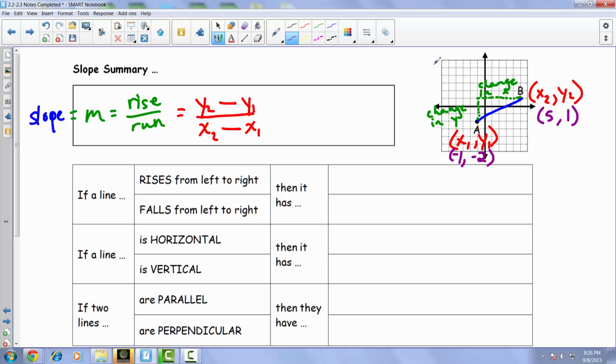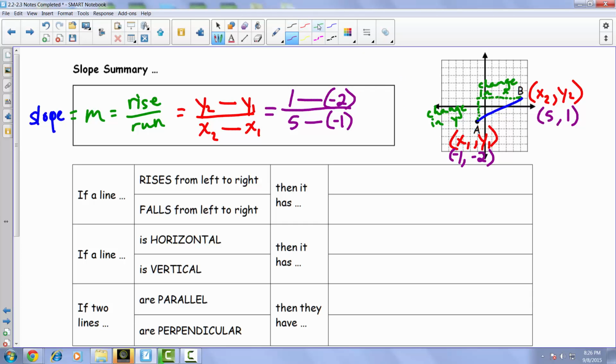Now, throwing them into our equation to find the slope, we end up with y2, which here is 1, minus our y1, which is -2, over our x2, which is 5, minus our x1, which is -1.